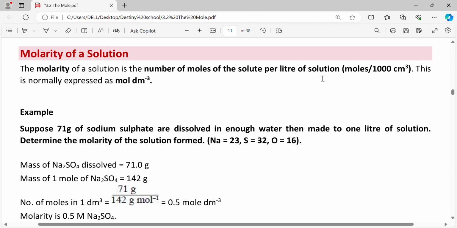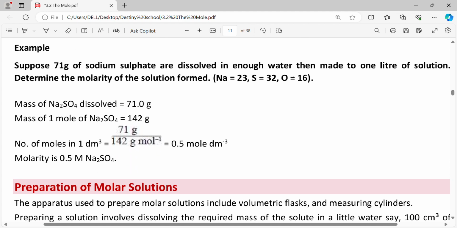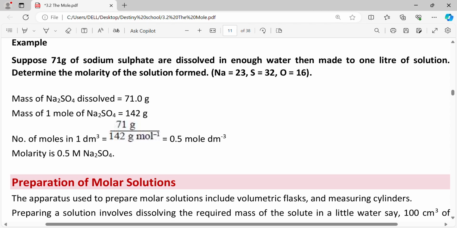So if you can find the number of moles in 1 liter of any solution at any given time, you will always have the molarity. That's how simple it is.